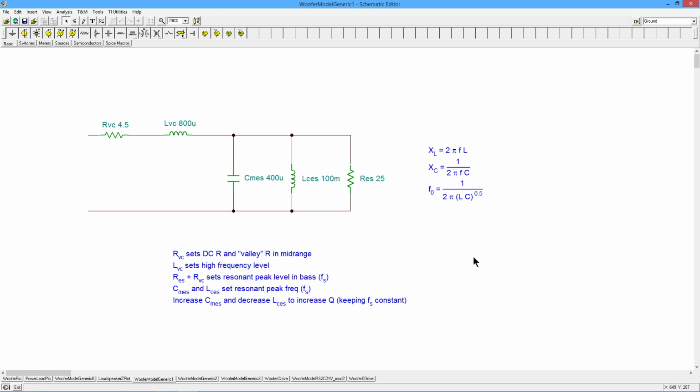All right. Now you just have to play with the capacitor and inductor that are in parallel in accordance with this equation to get the critical frequency that you need, the resonant frequency. And this is Fs, the free air resonant frequency that you would find on a spec sheet.